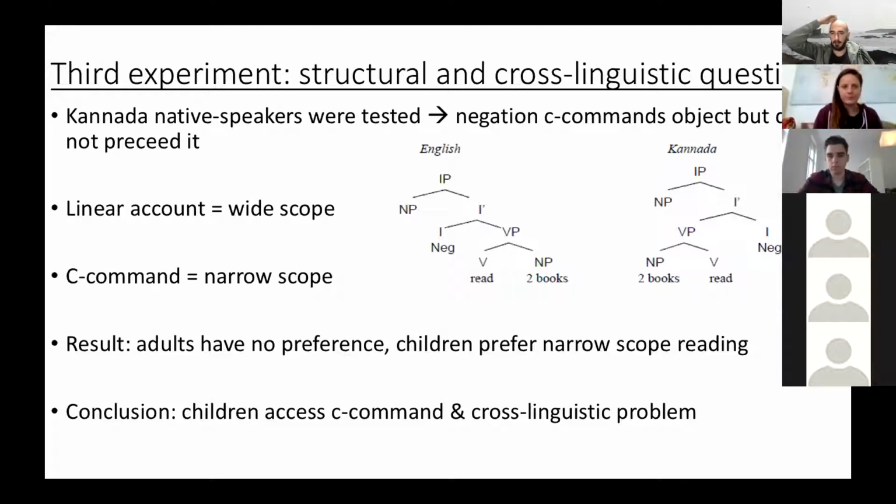Yeah. Right. So it's as if they heard the sentence in English, basically. They didn't really care about the order of the words, but they cared about the structure. The word order doesn't matter. The C-command is what they interpret. Okay. Yeah. And they still show the isomorphic preference, basically, right? Yeah. Okay, next slide, please.